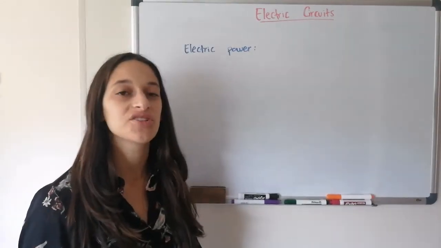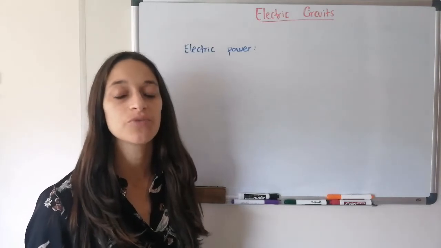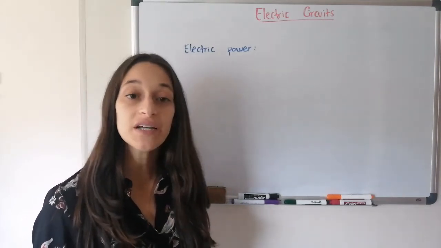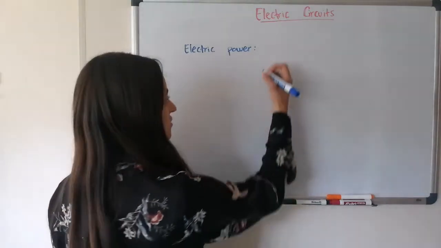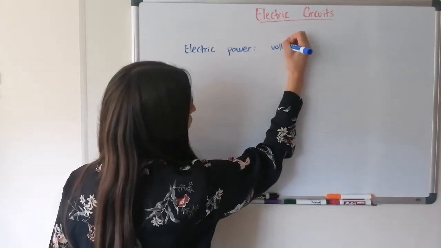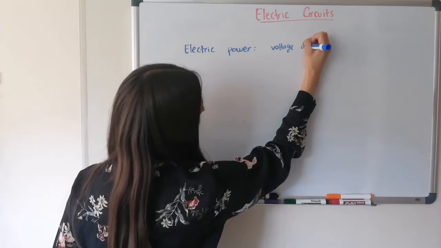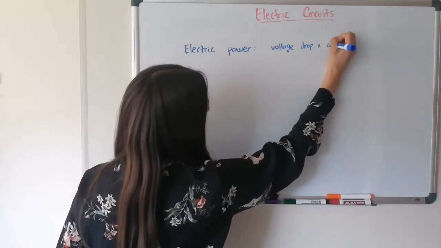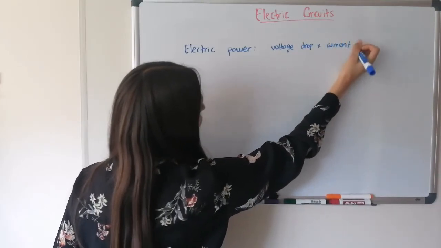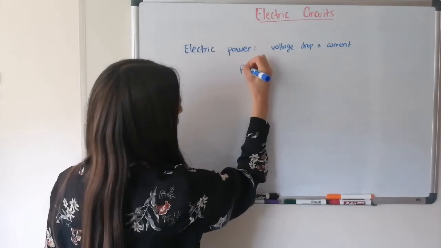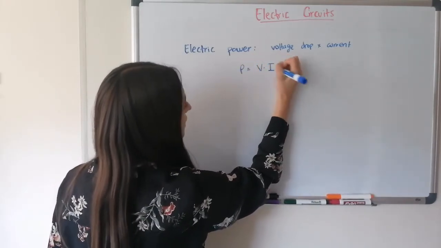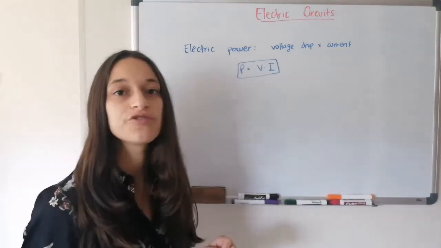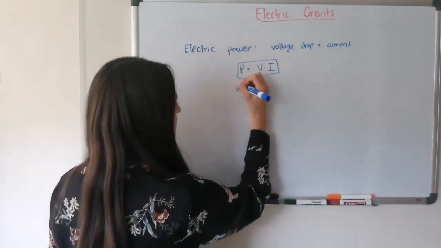And let me mention something real quick about electricity, which is electric power. Electric power is defined as the voltage drop times the current. So the equation for power, which we call P, is voltage V times current I. And the units of power are actually watts.